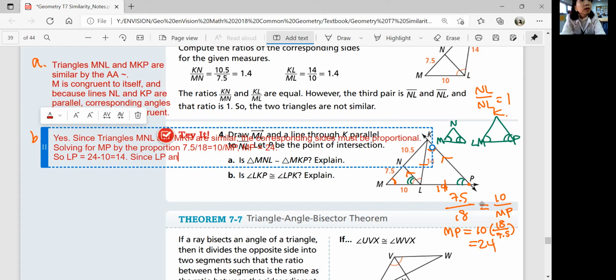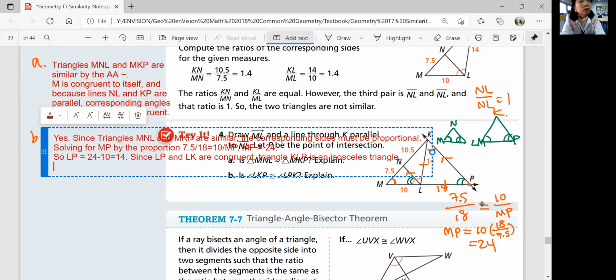Since LP and LK are congruent, triangle KLP is an isosceles triangle by definition.